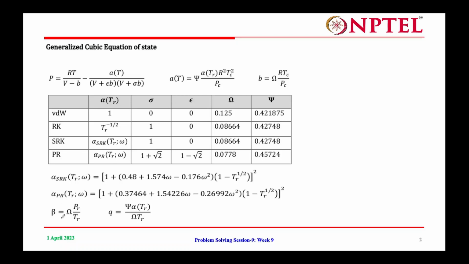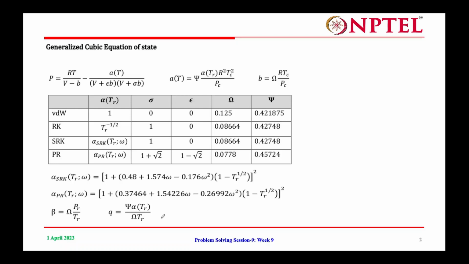This is the beta value to calculate the constant. Here the equation is beta equals omega into P_r, where r indicates reduced conditions, divided by T_r, the reduced temperature, and q is equal to psi into alpha as a function of the reduced temperature, divided by omega and the reduced temperature.